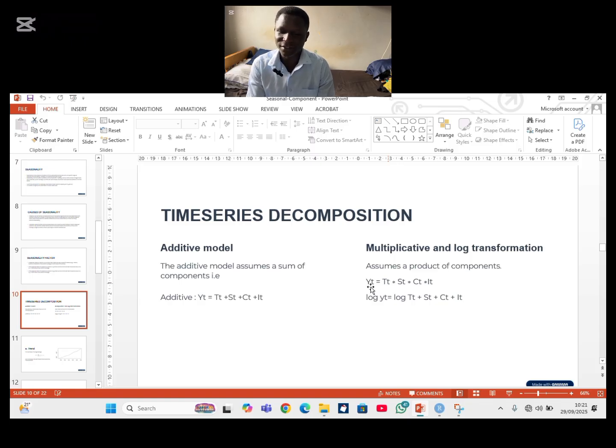Now, this is how we illustrate the additive model, and this is how we illustrate the multiplicative model. We just multiply those different components. This is important when it comes to modeling, because in modeling you'll have to select whether it's an additive model or a multiplicative model. Yes, you will have to specify it, whether you're using your Stata or your R. You'll have to specify. Yes.